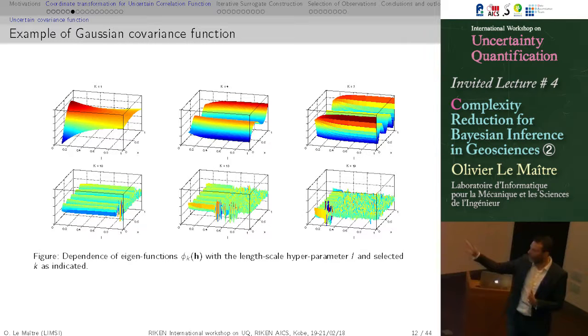Okay, I'm going to skip here just to show the evolution of the modes when you change L. So this is the phi k of L. And I just want to point to an issue here, that it can be very difficult to actually come up with a basis.